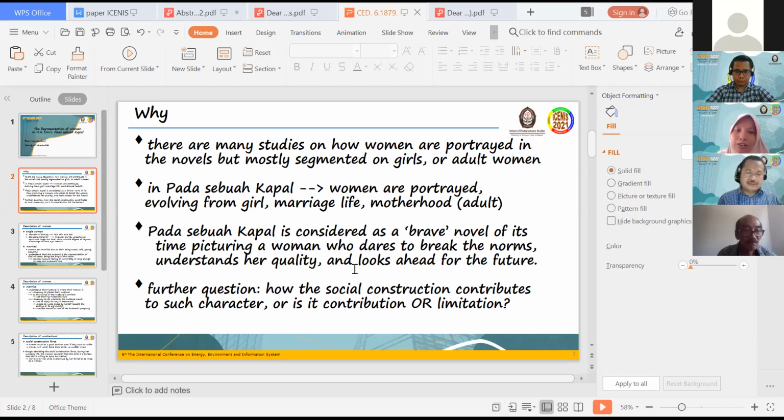Pada Sebuah Kapal is also considered a brave novel of its time because it pictures a woman who dares to break the norms, understand her quality, and look ahead to the future. In 1973, it was considered quite brave because of the descriptions of how women behave, even the romance situation is described quite clearly.